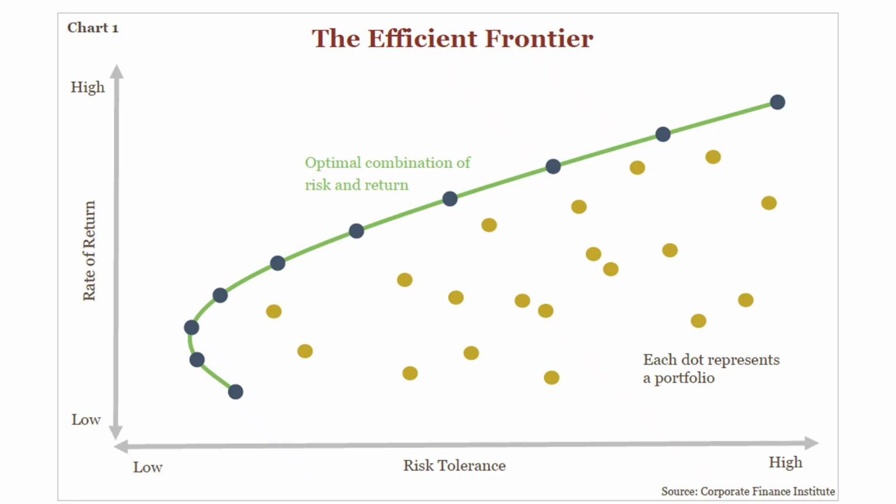In simple language, the efficient frontier represents a set of optimal portfolios that provide the highest expected return for a specific level of risk, or the lowest risk for a specified level of expected return. Portfolios located on this efficient frontier are regarded as the most efficient because they offer the optimal trade-off between risk and return.